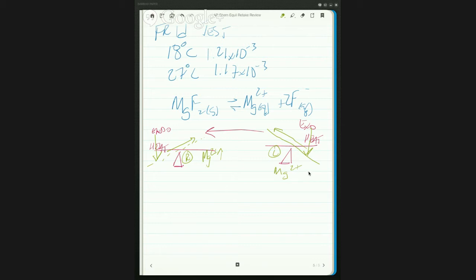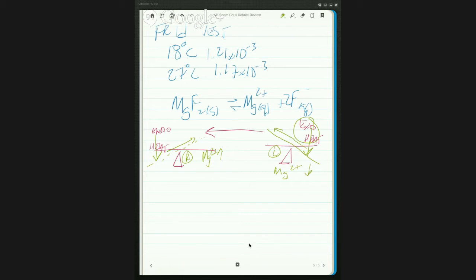The concentration goes down because it's consuming magnesium 2+ to create more MgF2. So that's why it's exothermic. Increasing heat, in this situation, the reaction will shift to the left to reestablish equilibrium, and you will consume product. In this case, it's consuming magnesium 2+, and it will create more MgF2.